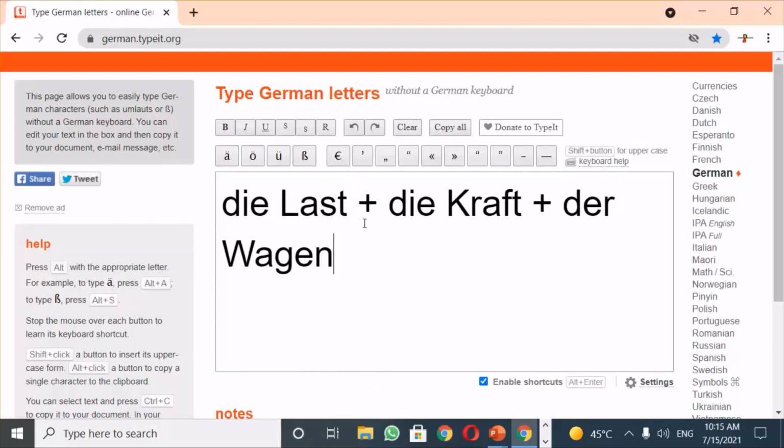Die Last is the weight or the load which the truck carries. Die Kraft is the strength or the power, and der Wagen is the vehicle. So think of the Lastkraftwagen as the vehicle that has the strength to carry a lot of load.